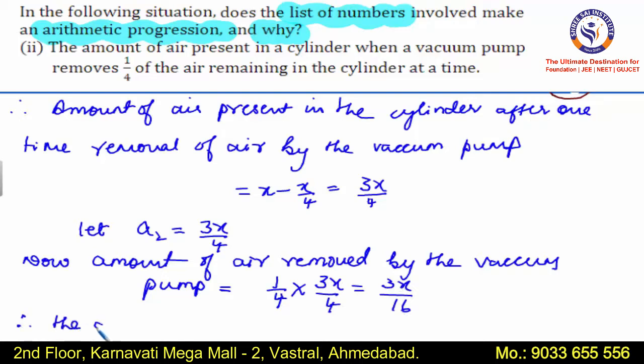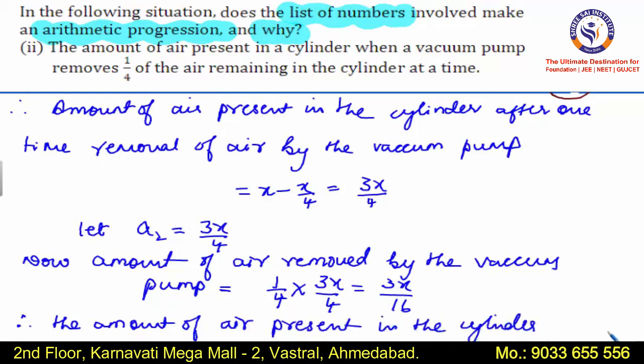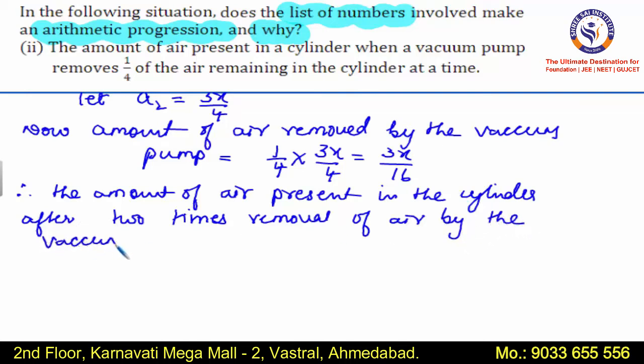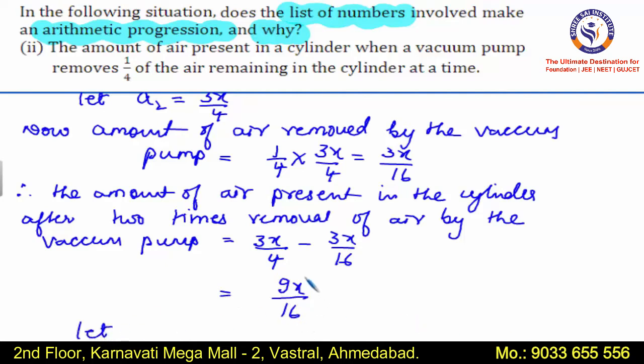Therefore, the amount of air present in the cylinder after 2 times removal of air by the vacuum pump is given by 3x divided by 4 minus 3x divided by 16, and this on simplification comes equal to 9x upon 16. Let 9x upon 16 be equal to A3.